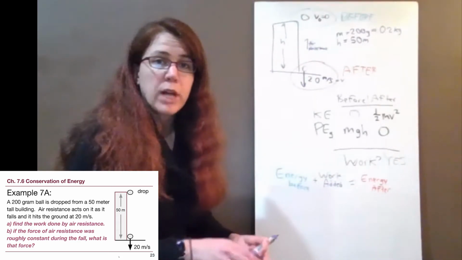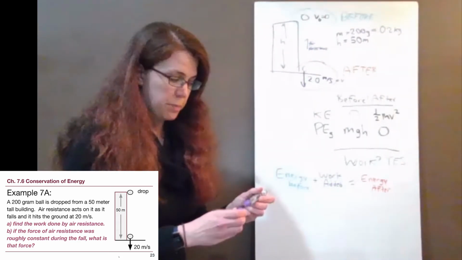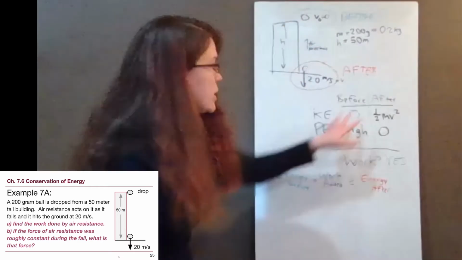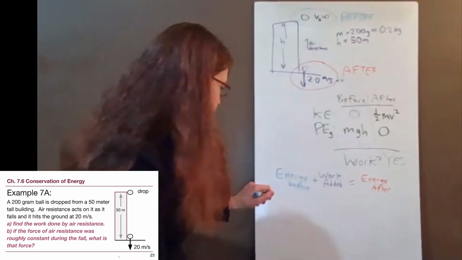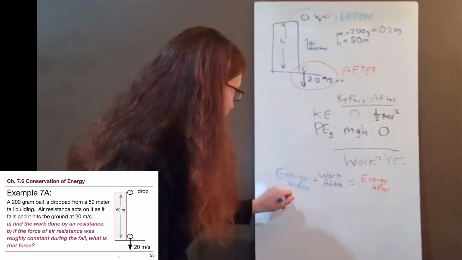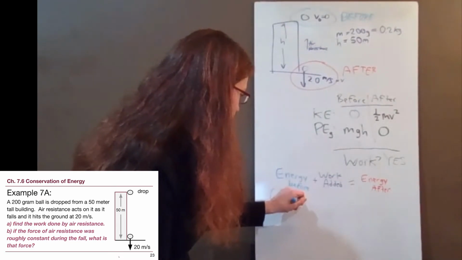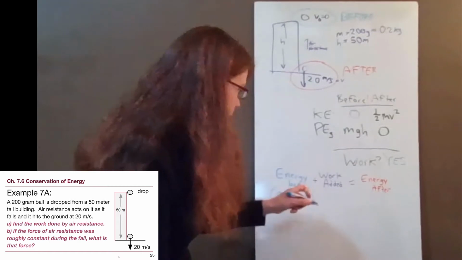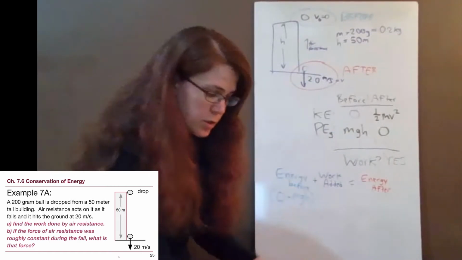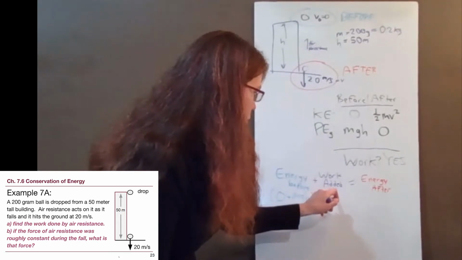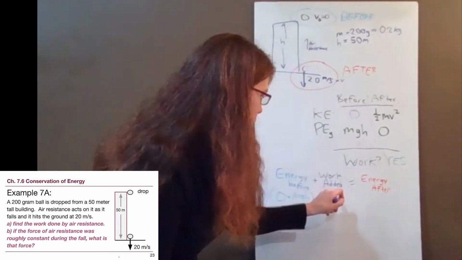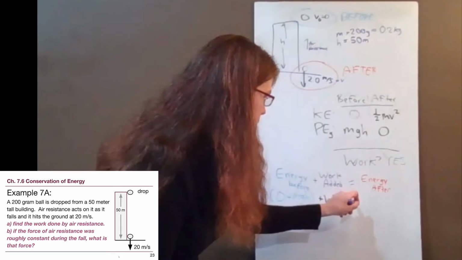But in part A, we don't have to break that work term into any smaller pieces. So when we look at our list here, we take everything in the before column. Then if we said yes to work added, the easiest thing to do is just to write the word work. We don't want to worry about anything beyond what that idea of work is going to be yet.